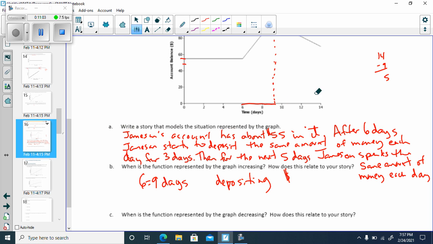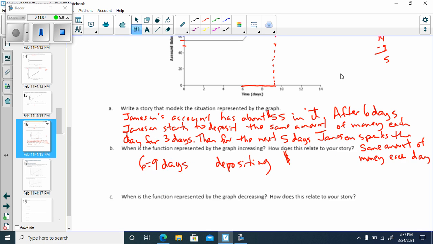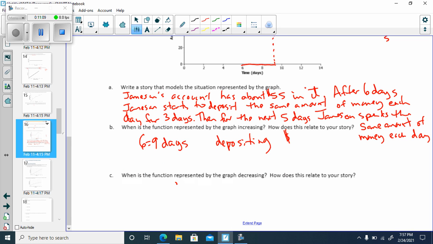From 9 days to 14 days, right? You see it's going down in that time frame from 9 to 14. How does that relate to the story? He is spending money, right?